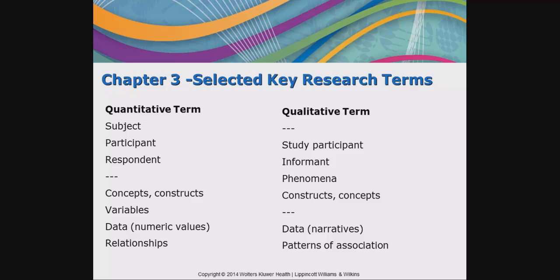Also, variables are only seen in quantitative research. You're not going to see a variable in a qualitative study. See? Isn't this cool? It's amazing what you know already. So know that terminology and the differences.